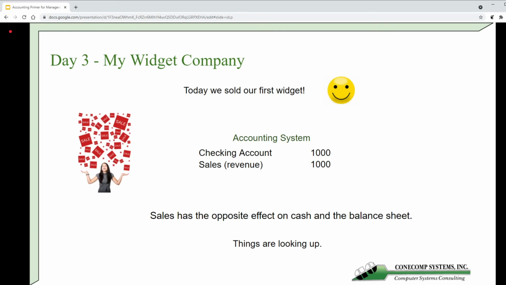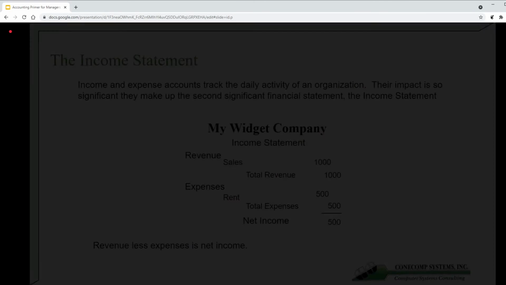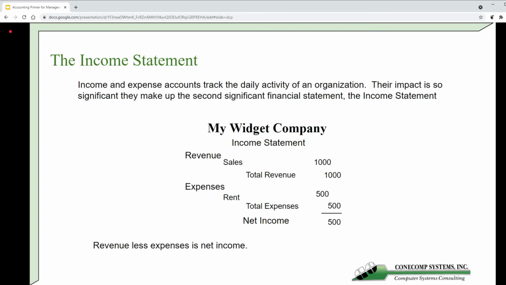And that is the goal of management of an accounting system. As you might think, it's so important that the second most common financial statement you see is called an income statement, and it compares those two items. Here you see it for our Widget Company.